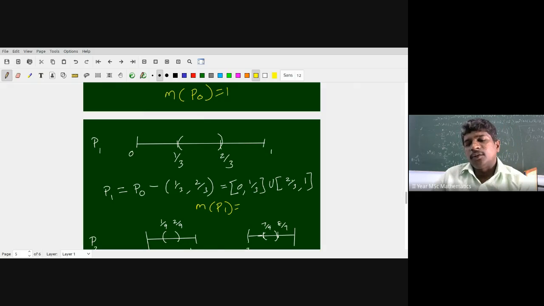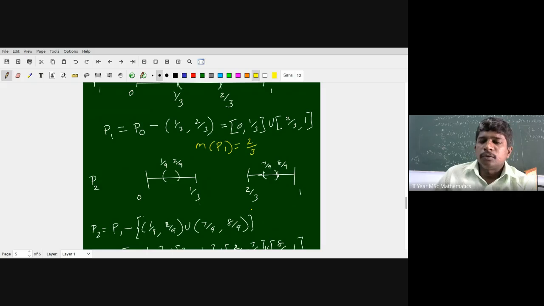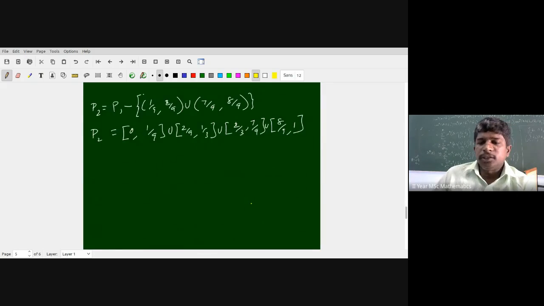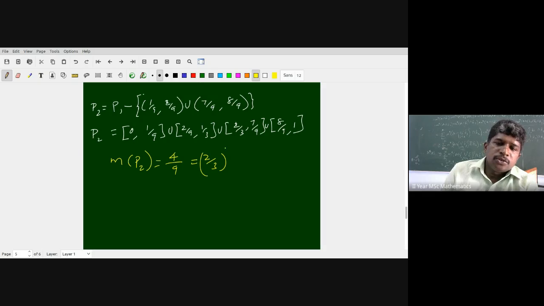First one has length 1/3, second one is also 1/3. So this is 2/3. What about the measure of P2? It has 4 pieces of intervals of length 1/9. So this is 4/9. I rewrite this as (2/3) squared.